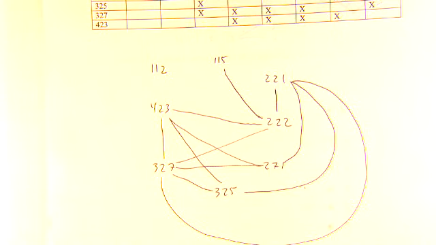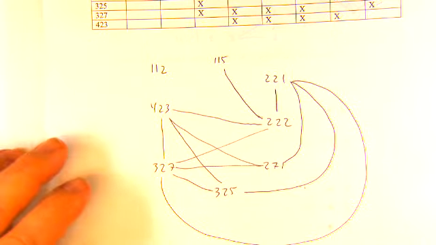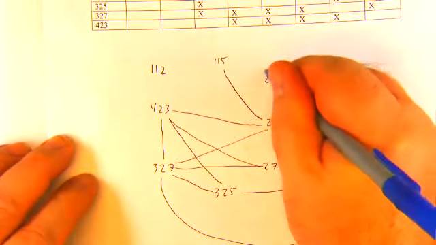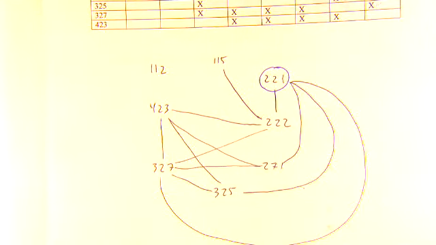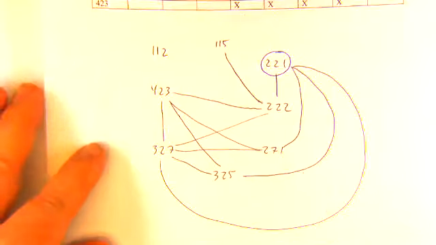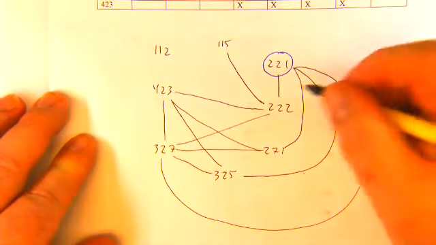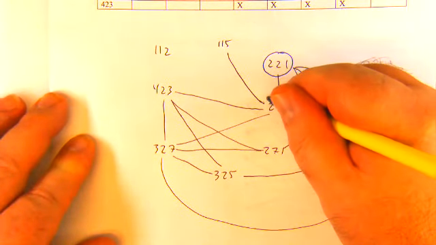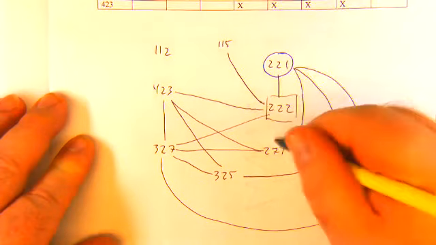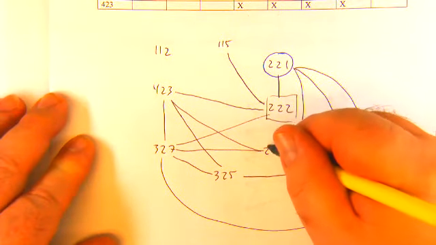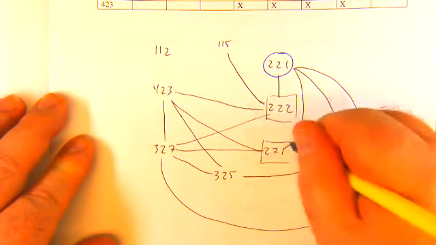So what I'll do is I'll pick one of these things. 221 seems to be one of the most connected ones. So I'll make 221 blue, right? And that means that everything that's connected to 221 has to be a different color. So I'm going to tentatively make everything connected to 221 black. So that makes 222 black. That makes 271 black.